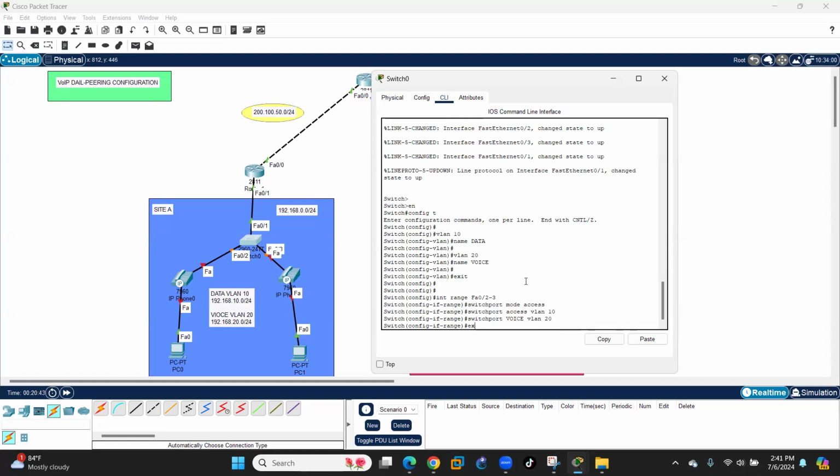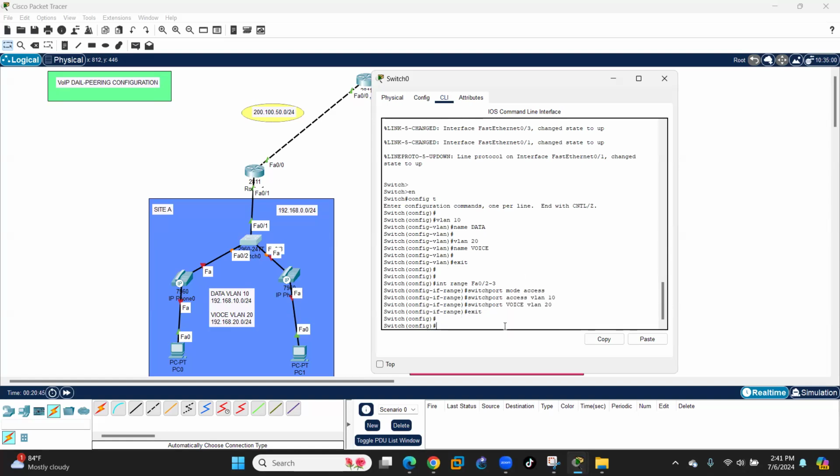That's it. Please don't miss this configuration. This is how to configure voice VLAN, voice over IP.